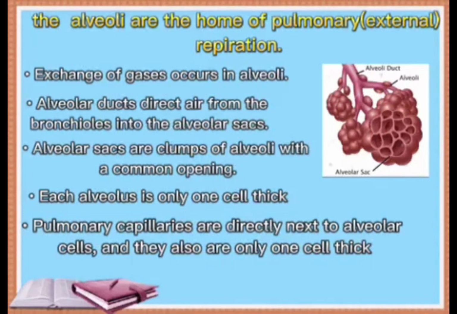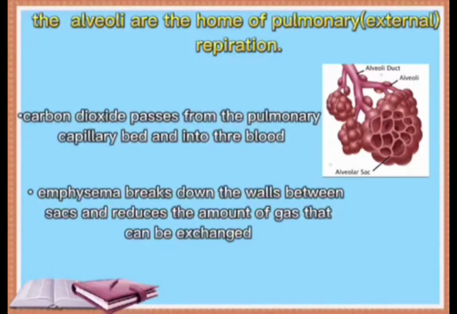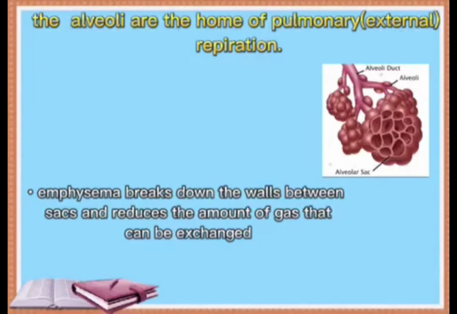Next, pulmonary capillaries are directly next to alveolar cells and they also are only one cell thick. Next, carbon dioxide passes from the pulmonary capillary bed into the blood. Next, emphysema breaks down the walls between sacs and reduces the amount of gas that can be exchanged.